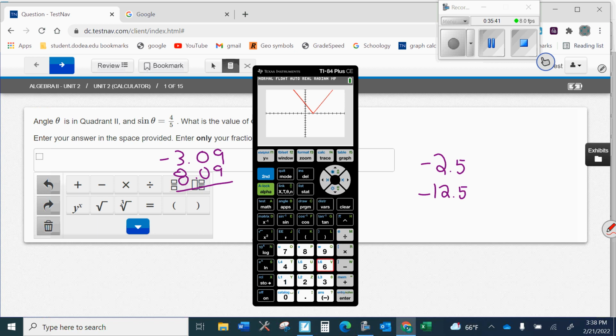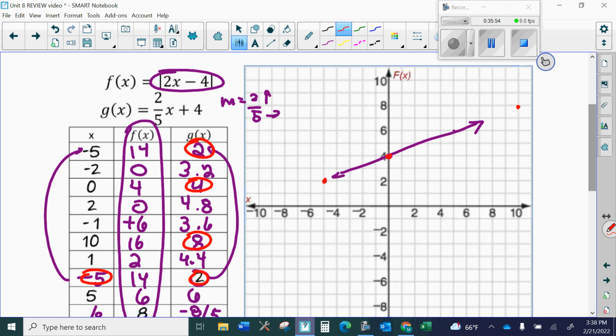So I must have had one wrong point in there. So we can get our table. Oh, second table. Negative 5, 14. Oh, dang. I was just doing the line one. That's why I had it wrong. Negative 5, 14, which is way up here. Okay. F of x is the absolute value. Negative 2, 0. Right there. 0, 4. Right there.